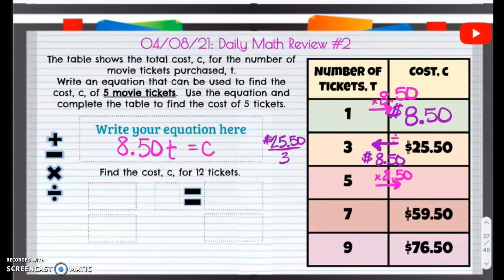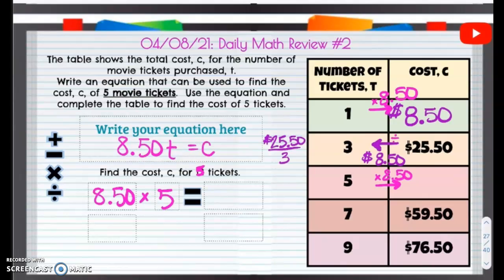So we're going to find the cost for, not 12 tickets, 5 tickets, my bad. For 5 tickets, we're going to have $8.50 times the number of tickets, times 5 tickets, is going to equal, well, let's figure it out. $8.50 times 5.